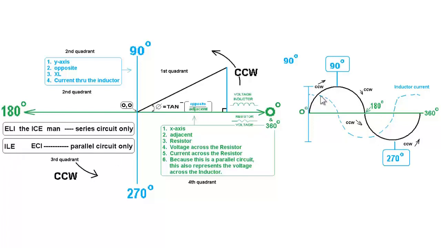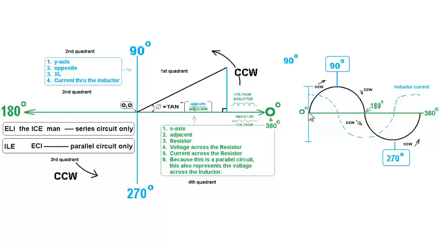So here's the current. At 0 degrees, when the signal starts moving and it's going in the counterclockwise direction, it's going through quadrant 1, then through quadrant 2, quadrant 3, and then quadrant 4. In going in the counterclockwise direction in relationship to a sine wave, and this represents that 2 kilohertz sine wave, you start out at 0 degrees and you're going like this.